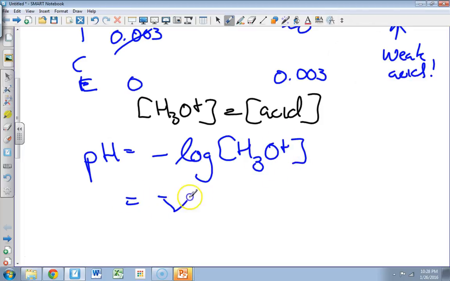So the negative log of 0.003. Okay? And just be careful when you type this in your calculator. This is why I want you to use a calculator that you're familiar with. And so negative log 0.003, I do that, and you get a pH of 2.52.